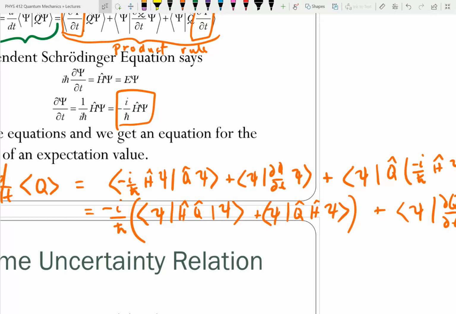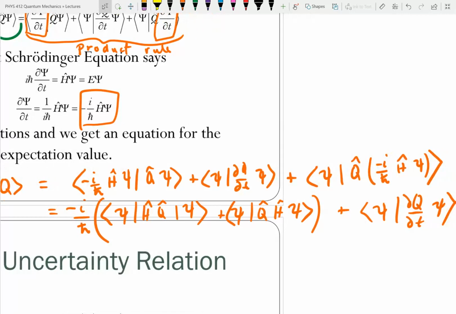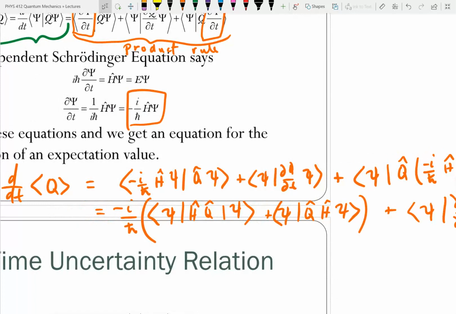Oh, mistake. Where's the mistake, you ask? Yep. Because it's a complex conjugate when you move it out, so you've got to change the sign there. So now I've got to think about which one's going to be, this one here is the one.